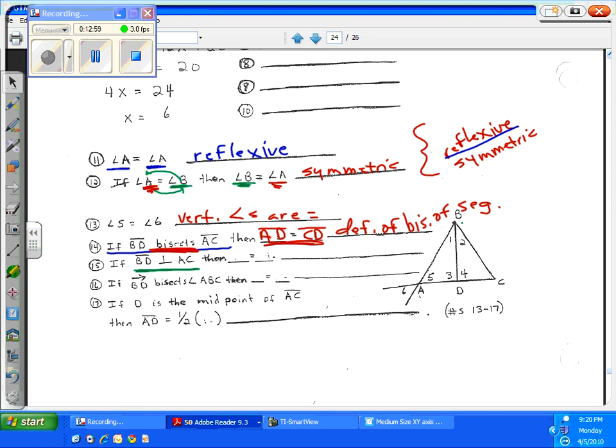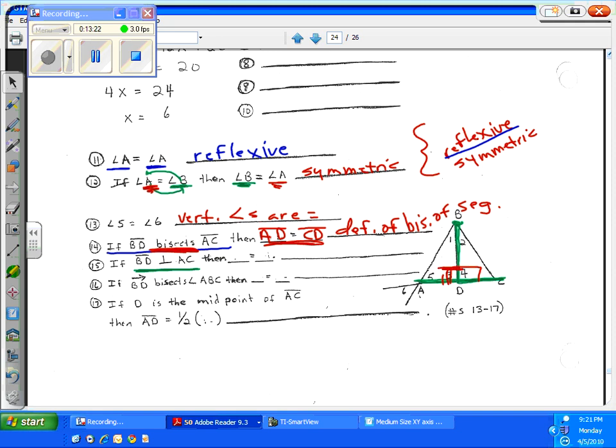Next statement, it says that BD is perpendicular to AC. Perpendicular lines are two lines that intersect to form equal adjacent 90-degree angles. That was kind of a big one on the right, a little one on the left. Sorry about that.